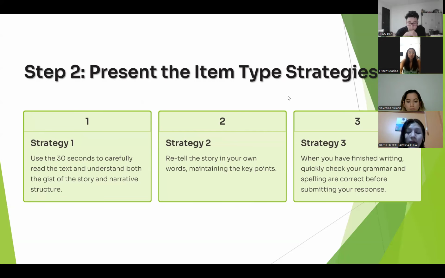For strategy two, rewrite the text using your own words while keeping the main ideas. And strategy three, check your grammar and spelling before you submit your answer. So by following these strategies, a student can write a clear and accurate response.